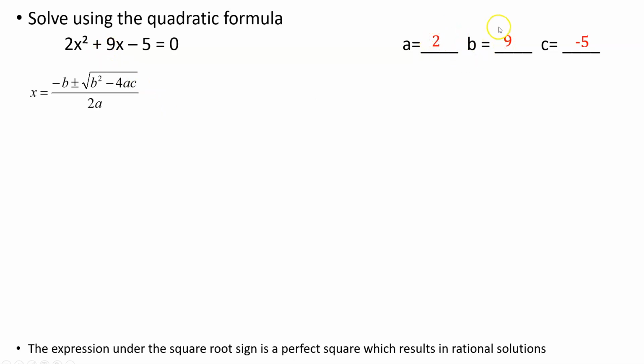Okay, once we have our a, our b, and our c, then we're going to fill in our equation here of x equals negative b plus or minus the square root of b squared minus 4ac all over 2a. So we're going to plug those values in, just like we did.